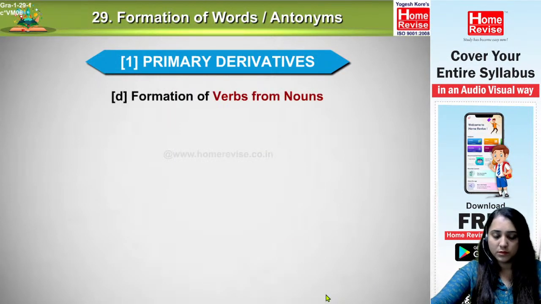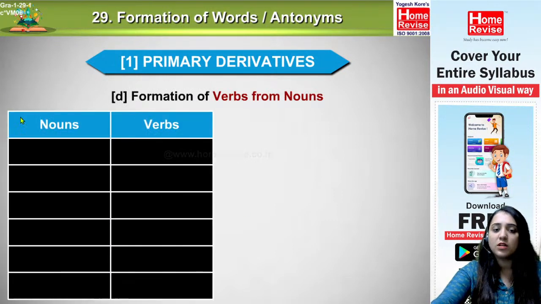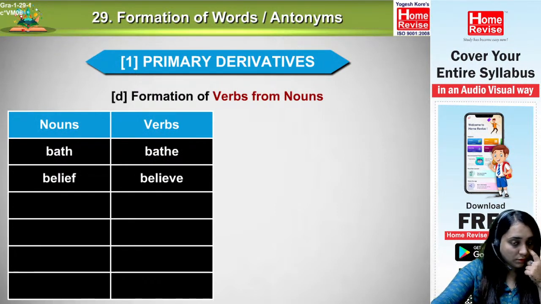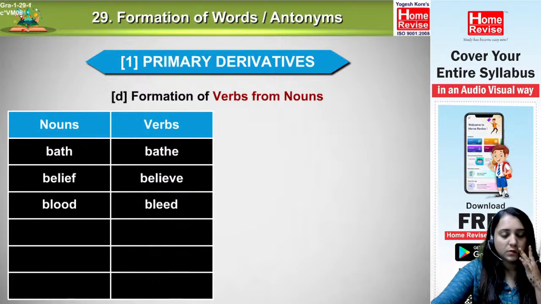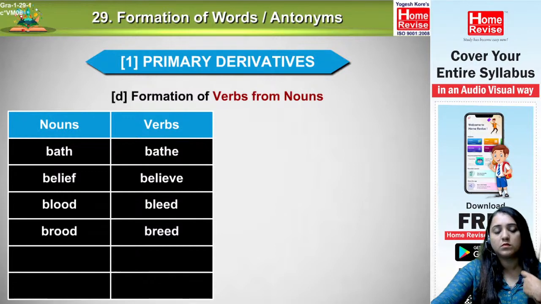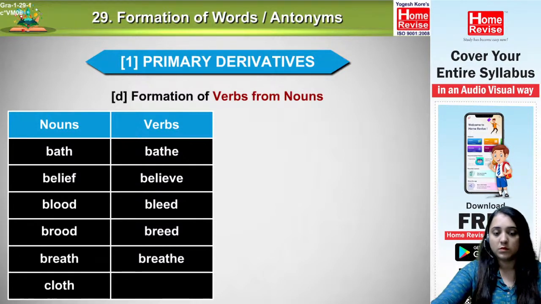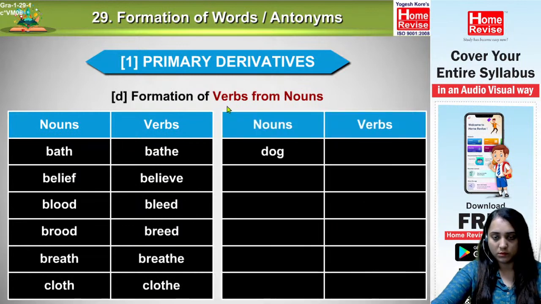D. Formation of verbs from nouns. Now we have to see how verbs are formed from the nouns. The noun bath becomes verb bathe. The noun belief becomes verb believe. Blood, bleed. Brood, breed. Breath, breathe. Cloth, clothe. Dog, dodge. Drop, drip.